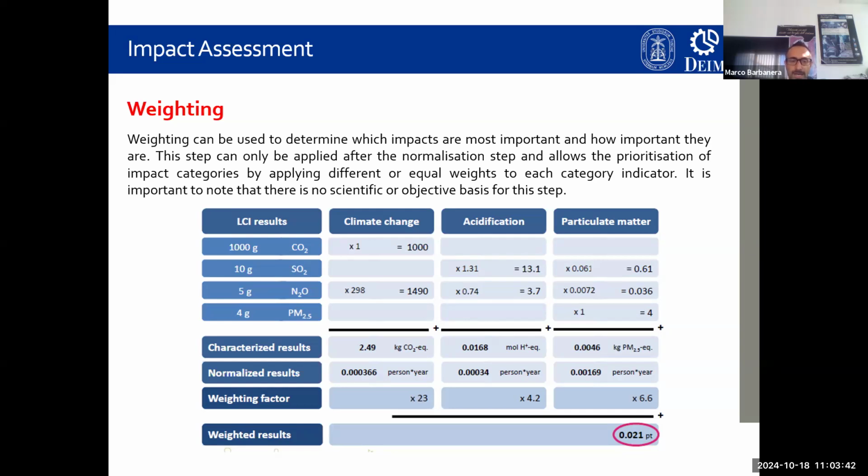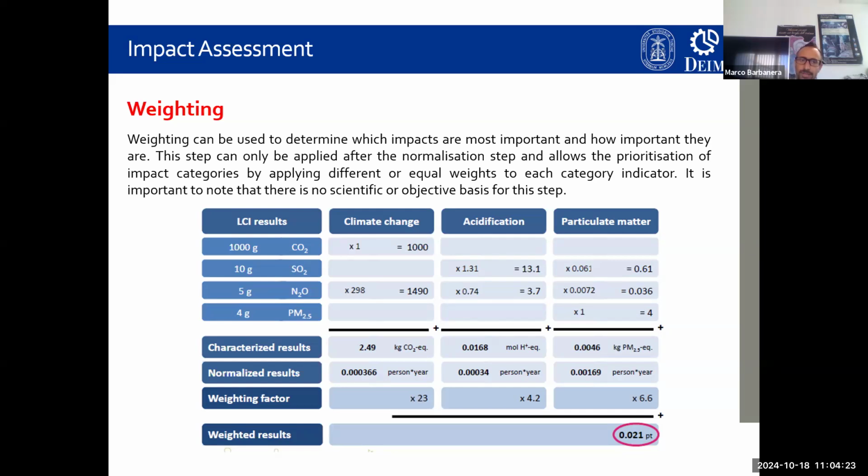So when we apply the weighting step, the idea is to obtain a single environmental score. If we arrive at this step, we have the possibility to compare two different products simply by comparing two values, two environmental scores. So the comparison is easier in this case.